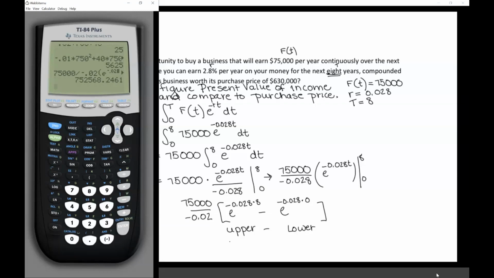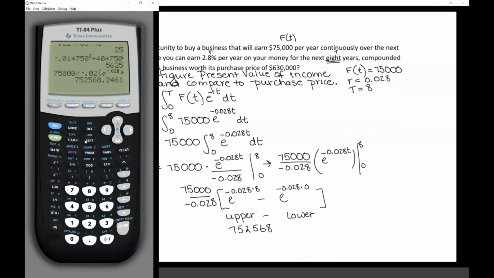And I get 752,568. Okay, let me make sure I did this right. Oh, okay, I lost my 8 over here. Let me type that in correctly. There you go. So let me just re-edit that.